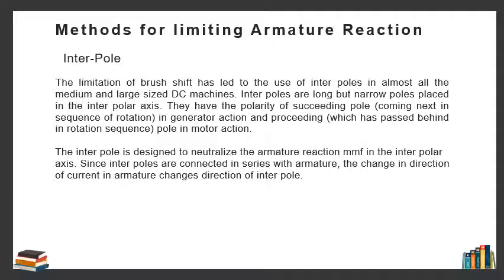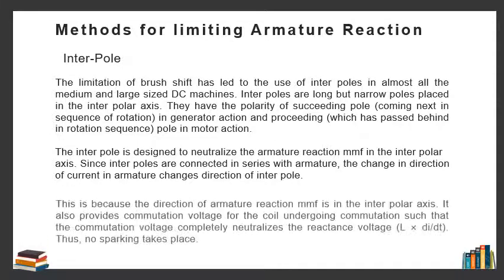The interpole is designed to neutralize the armature reaction MMF in the interpolar axis. Since the interpoles are connected in series with the armature, a change in the direction of the current in the armature changes the direction of the interpoles.